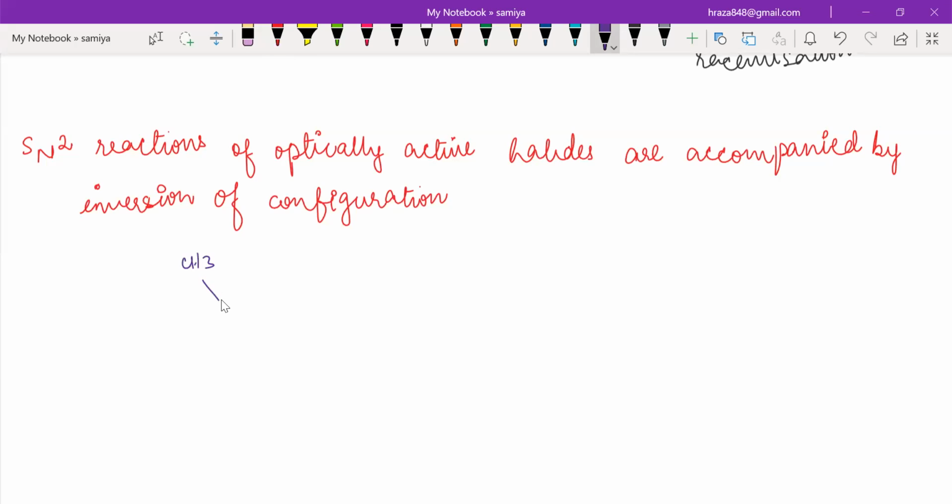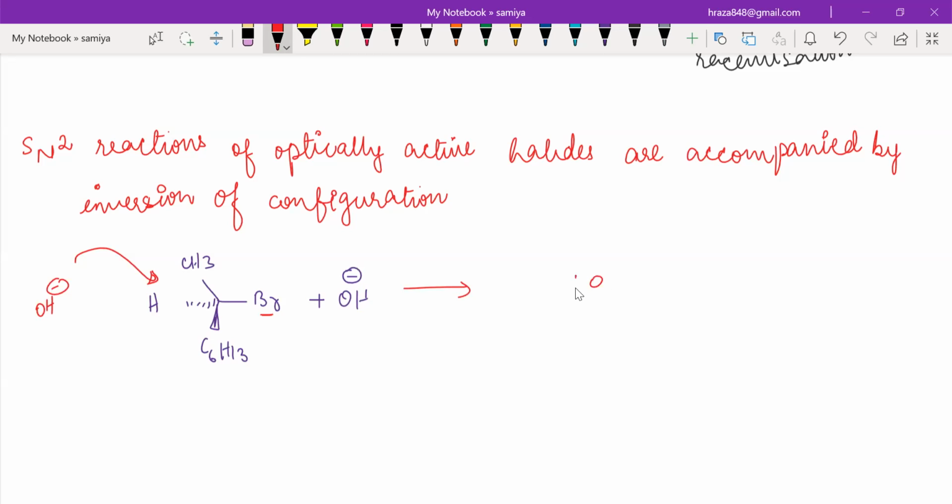You can see this bond is on the plane, and this is hydrogen, and this is a solid wedge, dash wedge, C6H13 I'm going to take, and then this is Br. So if you are going to react this OH minus from the front side, it won't be possible, as I told you, because this will also be negative and there will be repulsion. So OH has to move to the backside, and it can attack from here easily.